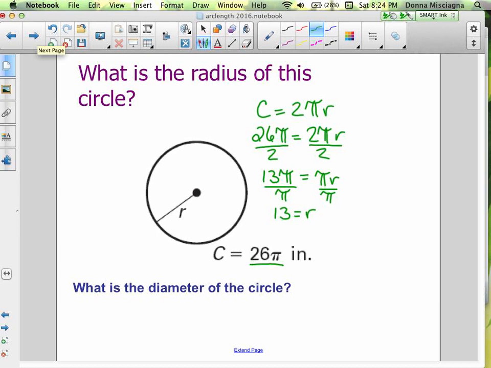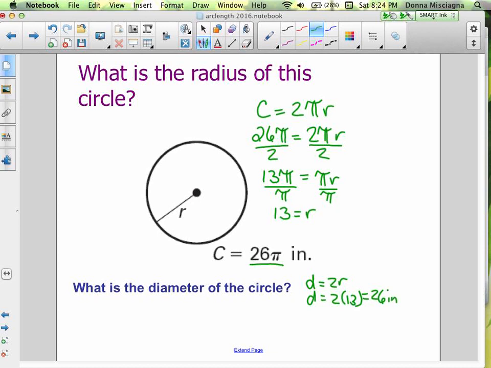Below it says what's the diameter. If we have the radius, the diameter would just be 2 times the radius, or 2 times 13, which would be 26 inches.